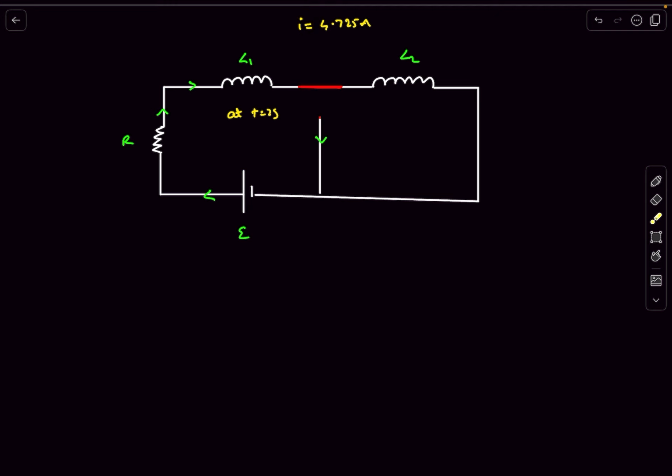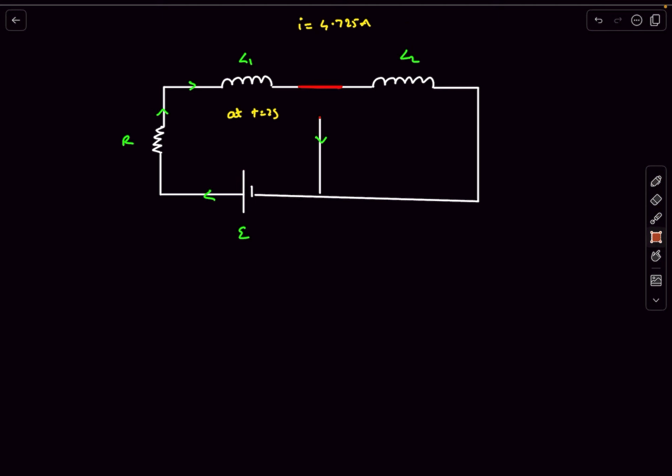Now we have two inductors fighting with each other. So now we have two competing inductors in this circuit, right? So something needs to happen. Definitely there needs to be a change in current, right? Because inductor number 1 wants the current to be I, and inductor number 2 wants the current to be 0. So actually what will happen is the current will change instantaneously in this particular case.